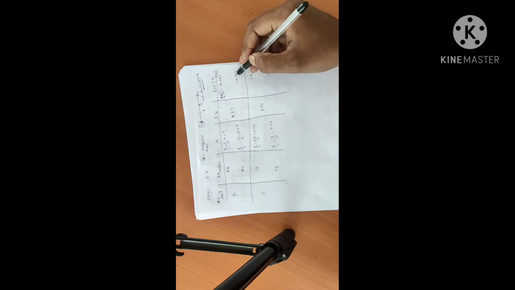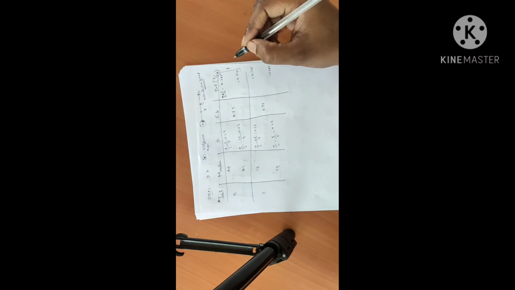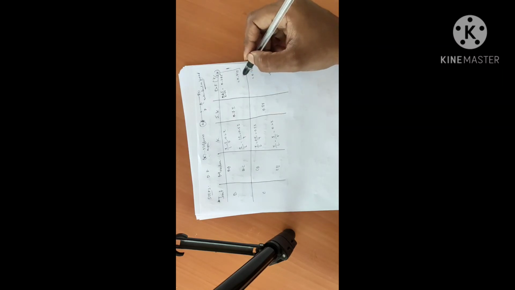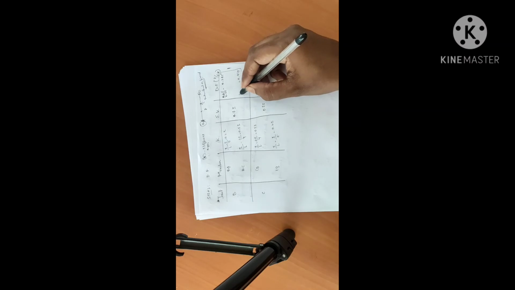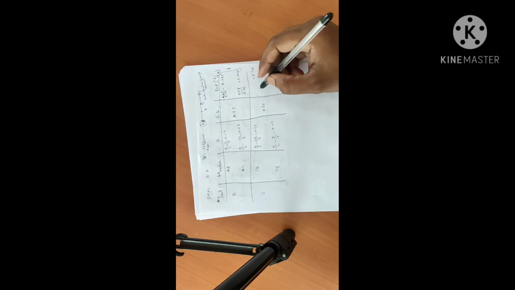When you add these, the summation should always be equal to 1. 0.285 plus 0.715. So 0.5I divided by 0.7I will give you 0.715. I and I get cancelled.